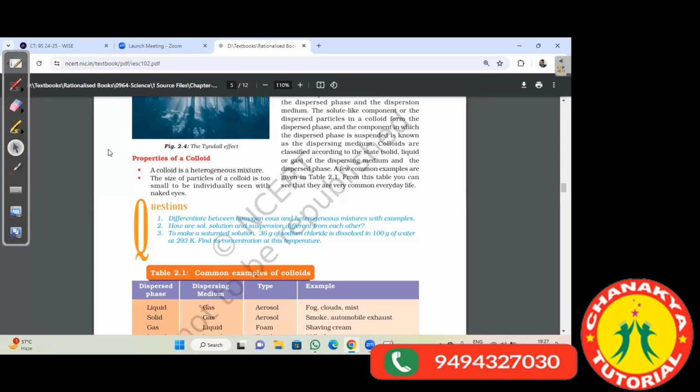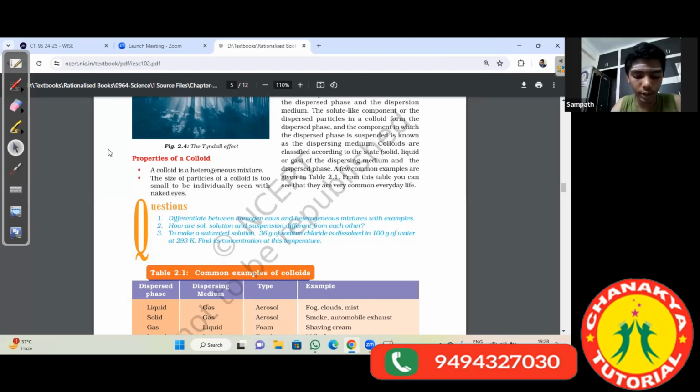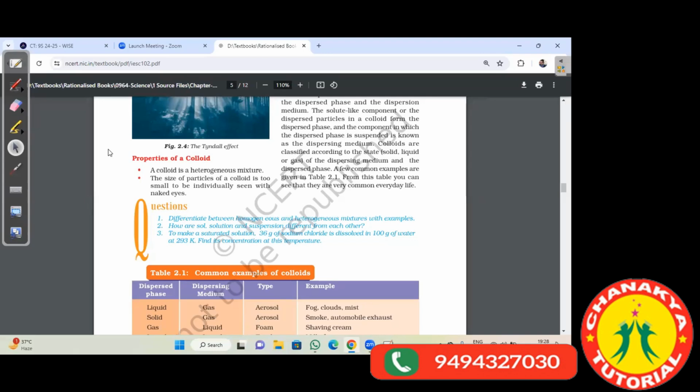Sampath, can you give examples of homogeneous and heterogeneous mixtures? Yes, sir. For homogeneous mixtures, we can have copper sulfate solution, salt solution, sugar solution. For heterogeneous mixtures, we can have chalk powder and water, small stones and water, and also oil and water. Okay, very good.